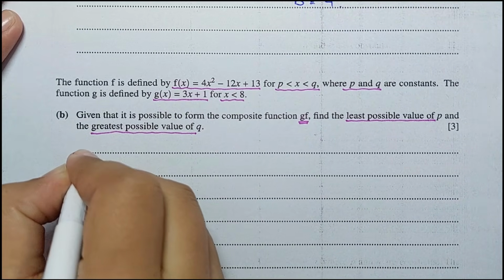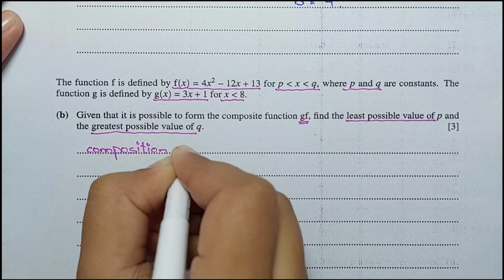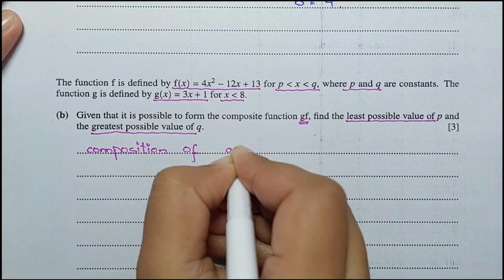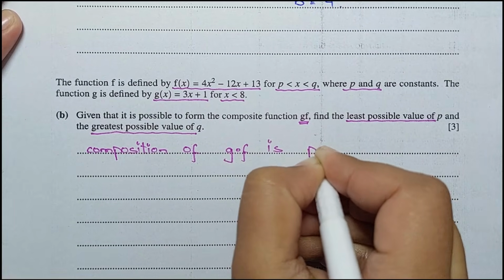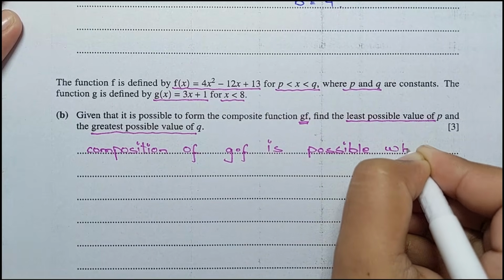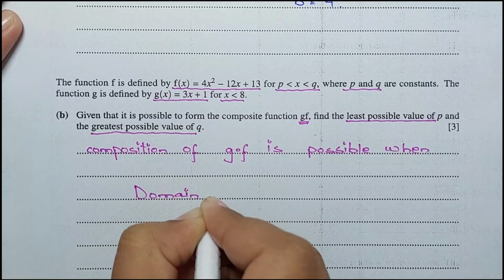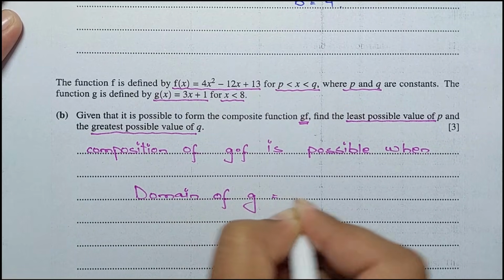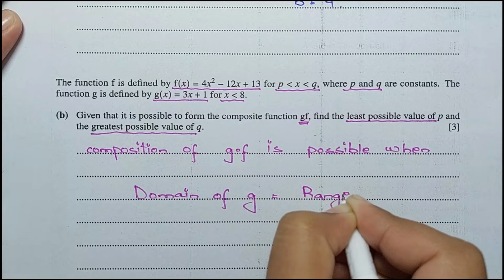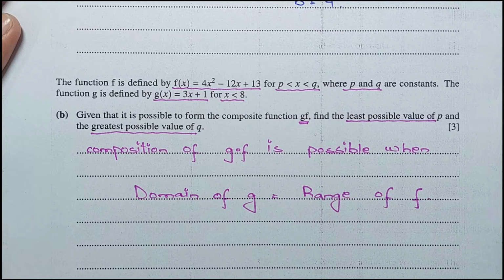So we know that the composition of g composition f is possible when the domain of g is equals to the range of f. Keep it in mind that the composition of two functions is only possible when the domain of the outer function is equals to the range of the inner function, right?